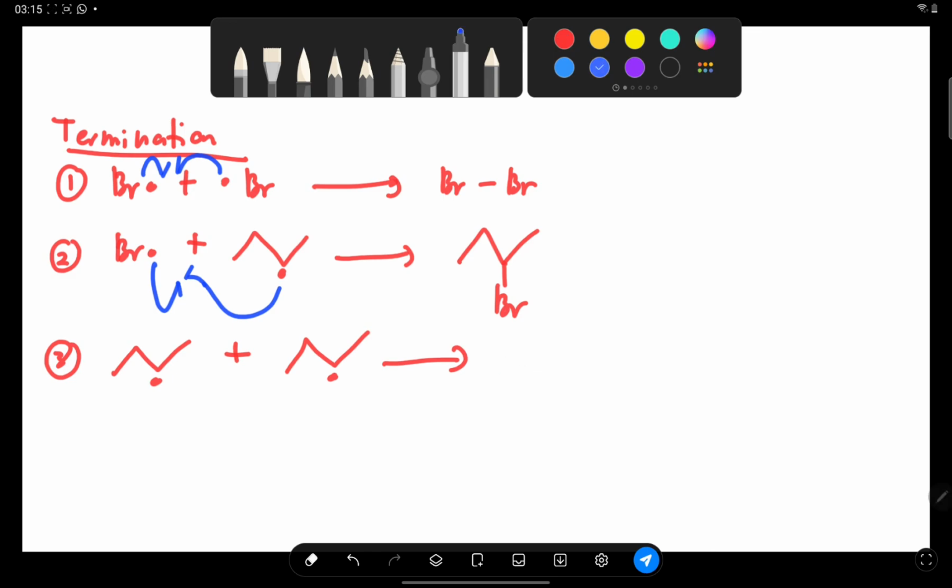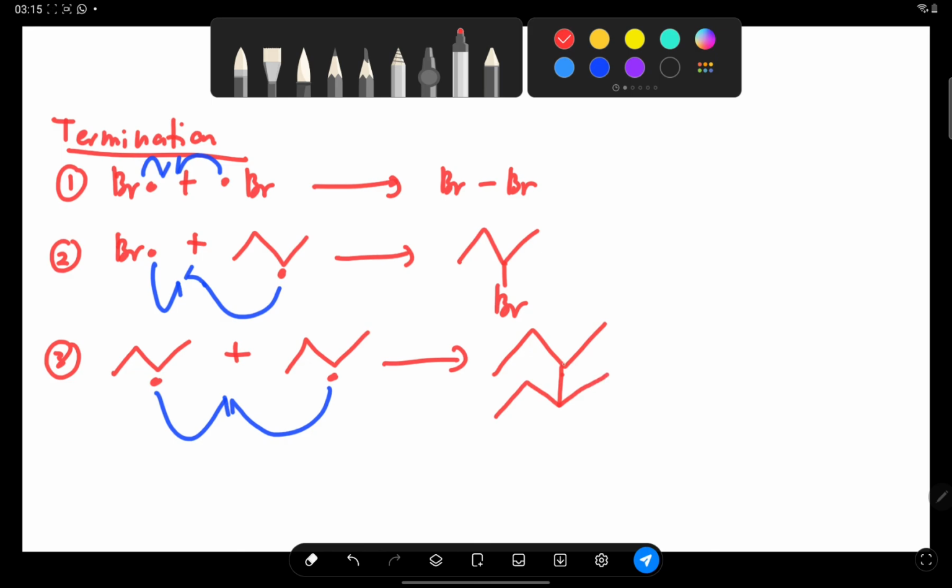So this radical combines with this radical. Imagine here is the place where a radical forms, so you need to put a bond at the place where the radical forms.